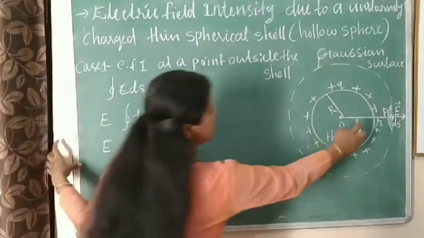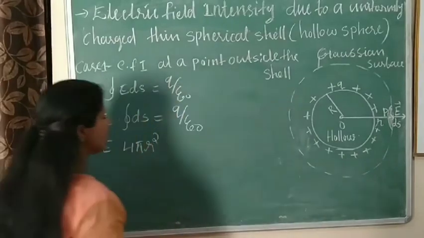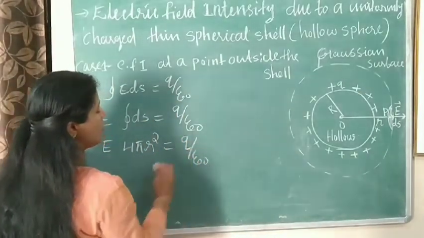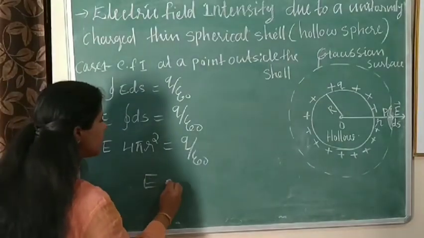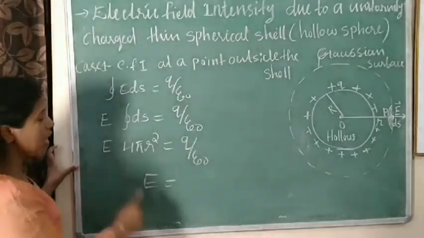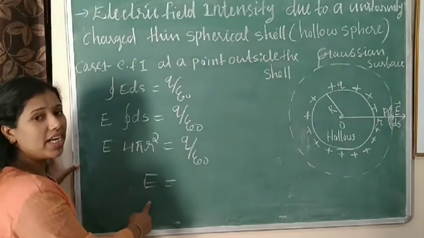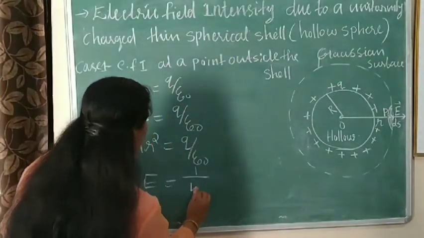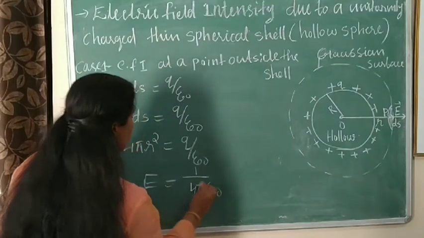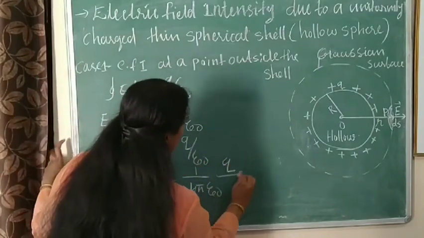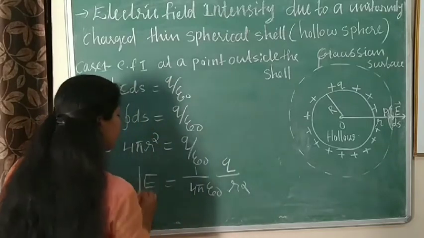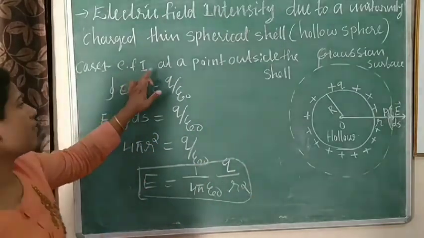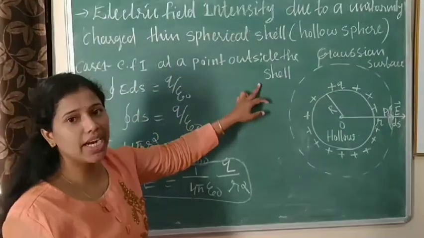We are considering a Gaussian surface of radius r. So E into 4 pi r square is equal to q by epsilon naught. Our aim is to calculate electric field intensity: E is equal to 1 by 4 pi epsilon naught, q divided by r square. This is the first case, electric field intensity at a point outside the shell.